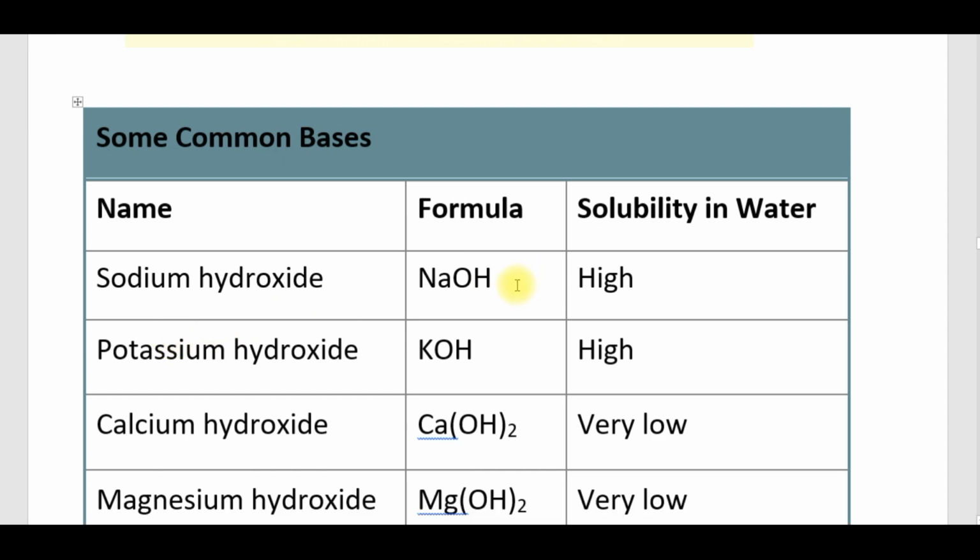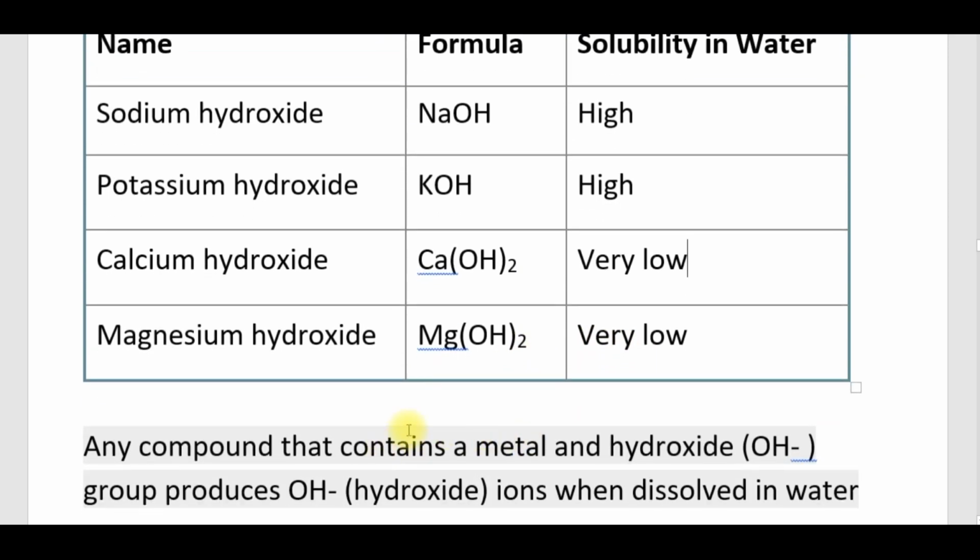Sodium hydroxide, NaOH, and solubility in water means whether it is soluble or not when taken in water. It is highly soluble. Potassium hydroxide is also highly soluble. Calcium hydroxide has very low solubility, and magnesium hydroxide also has very low solubility in water.